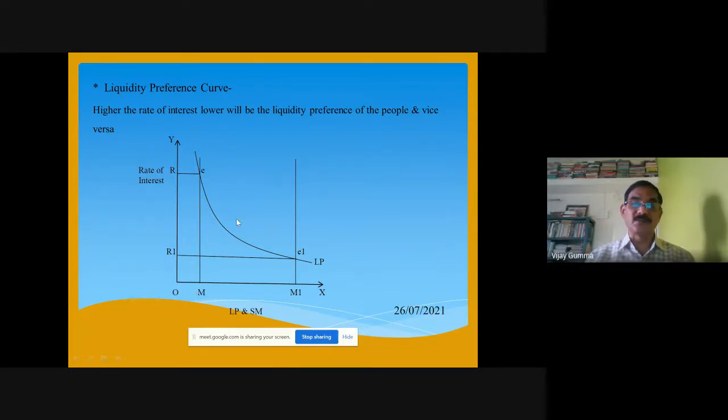These two curves show that while the liquidity preference of the people, that is demand for money, is given, when the supply of money increases, the rate of interest decreases. On the contrary, when the supply of money decreases, the rate of interest increases.